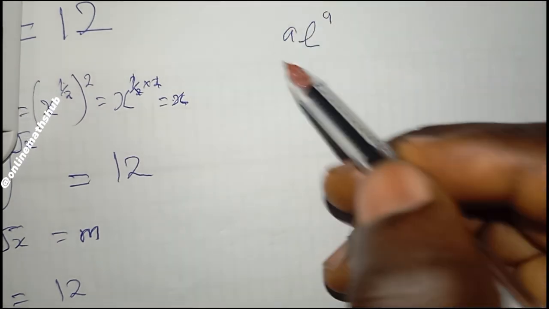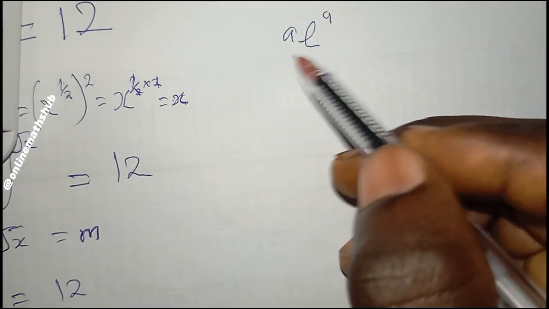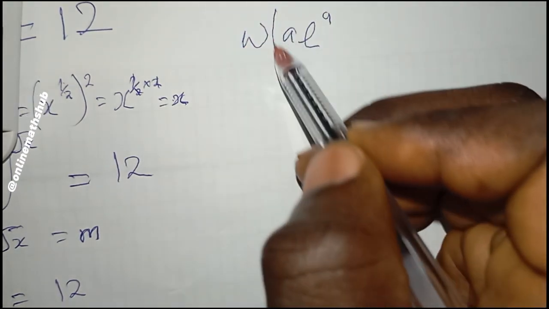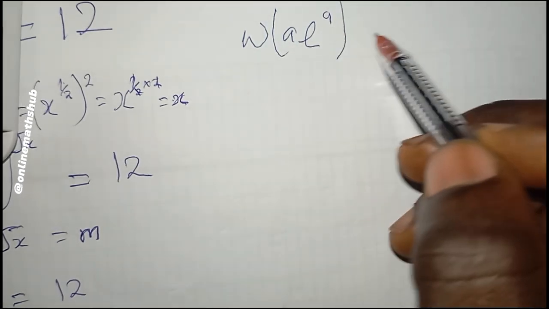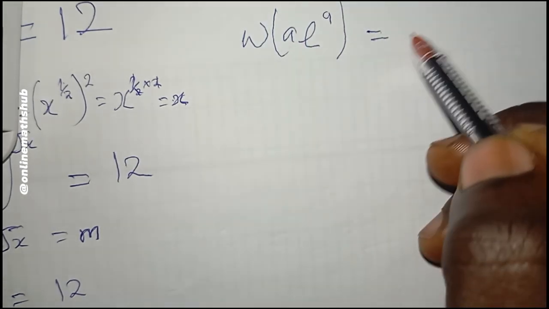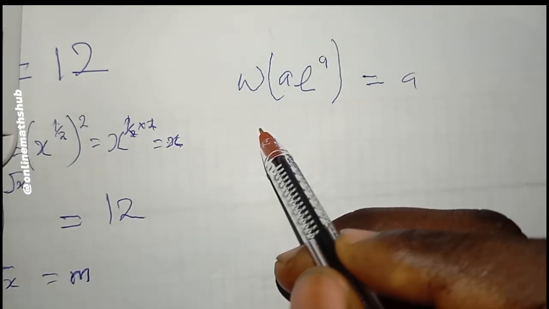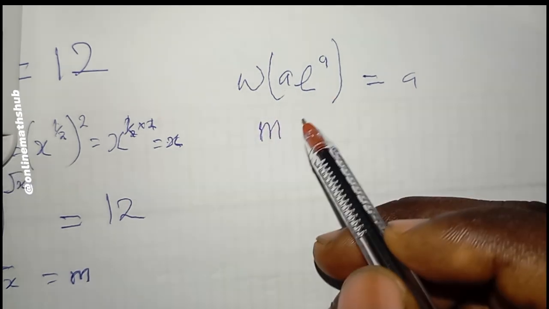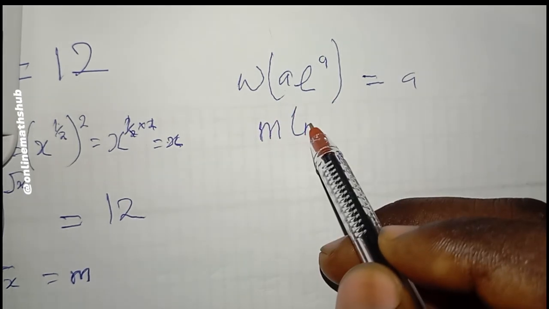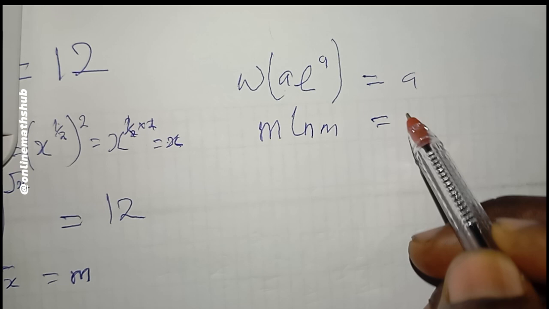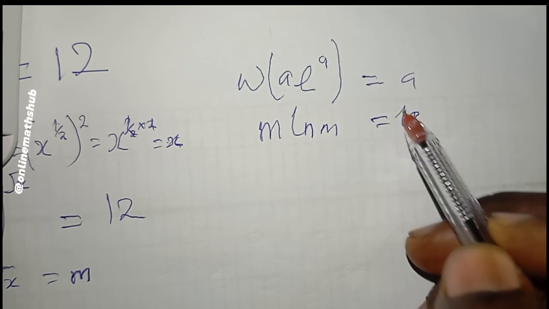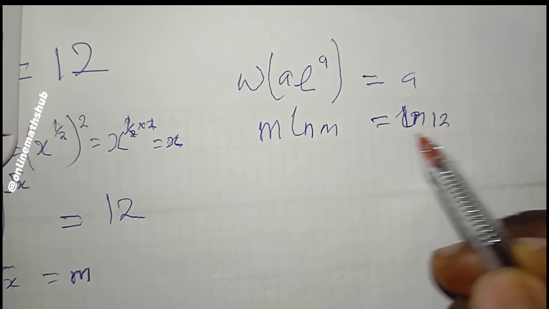Once you've gotten your function to be in this way, once you apply the Lambert W function, it is going to give you a. So what we're going to be doing is to convert this, to simplify this m natural log of m equal to the natural log of 12 divided by 2.